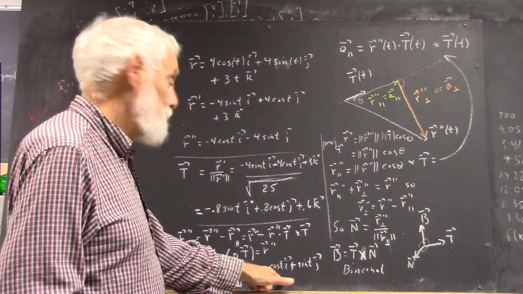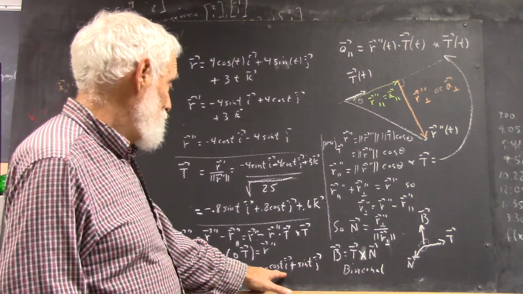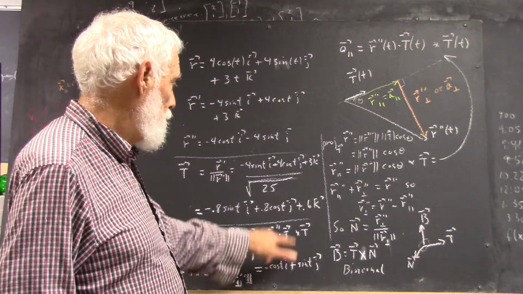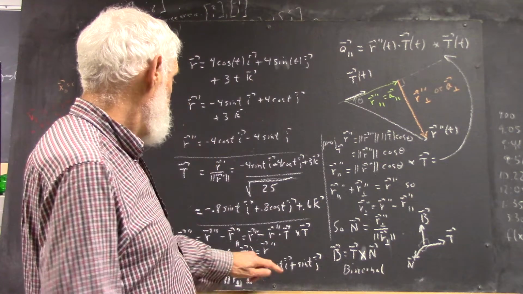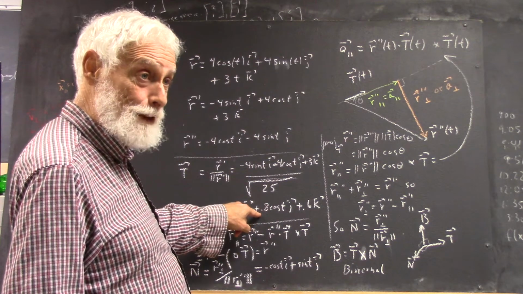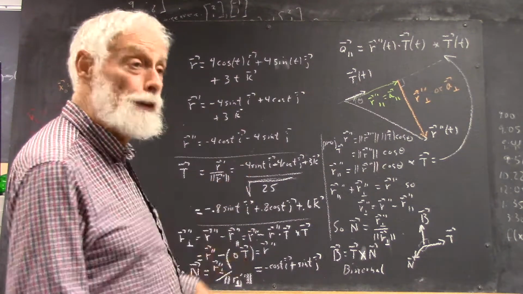Because there are only two components of this vector, right? So you know, you're going to do i cross i, which is 0. You're going to do i cross j. i cross j is k, so you're going to have negative cosine squared t times k, times 0.8, right? Negative 0.8 cosine squared times the k. Anything else going to give you a k?